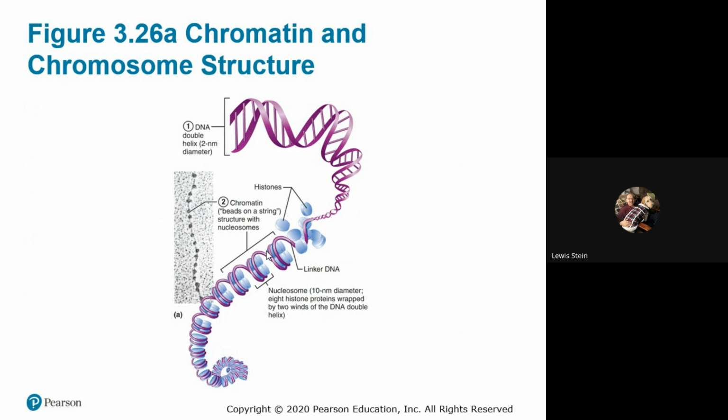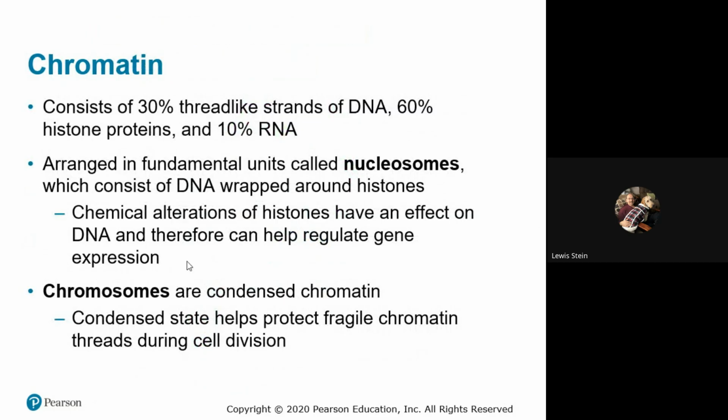I hate to use the term resting state, but in this case it's not actively replicating or doing transcription and translation. They call these nucleosomes. The chromosomes are the condensed form. The condensed state helps protect fragile chromatin threads during cell division.